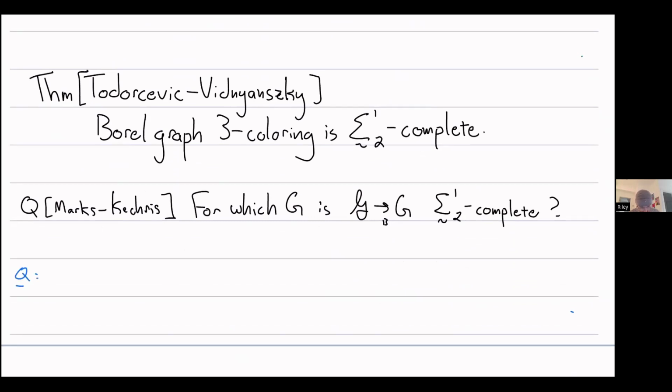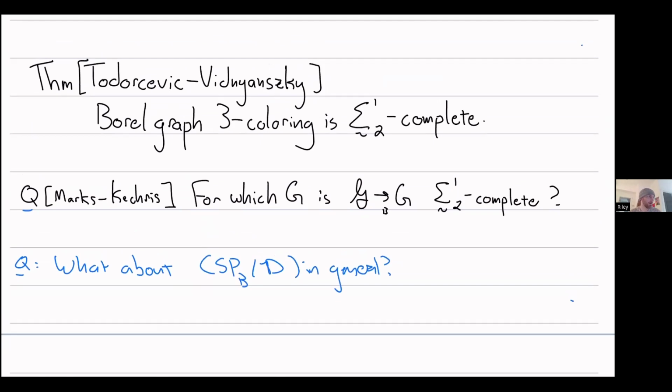I don't think Marks and Kechris knew much about the CSP stuff when they asked this question, but it naturally generalizes. What about a Borel version of the CSP problem for a fixed template in general? I'll go into more detail on exactly what I mean by that, but I'm sure some of you already have an idea.